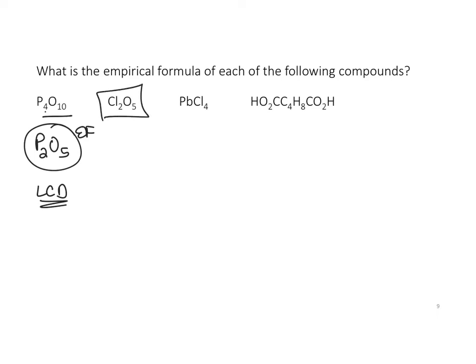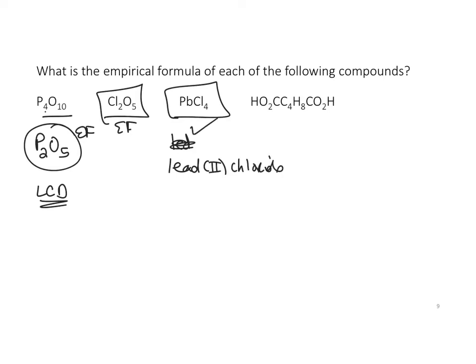Here, this is the empirical formula, because 2 and 5 do not have a common denominator. This one, lead 4 chloride, is its lowest terms.